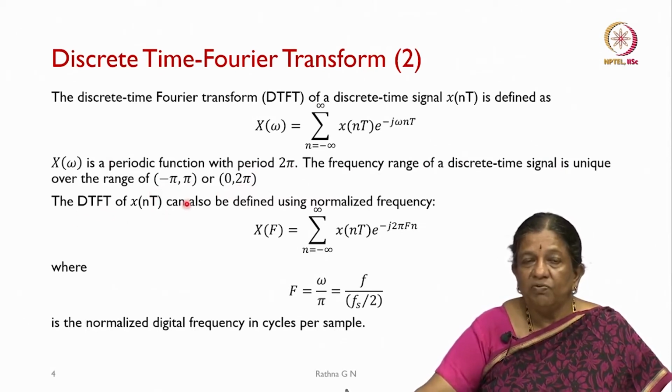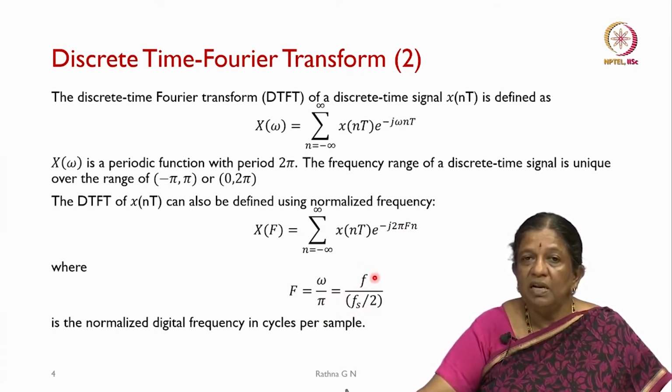The DTFT of our x(nT) can also be defined using the normalized frequency. If we take that, it is going to be X(F), which is equal to the sum from n equals minus infinity to infinity of x(nT) times e to the power minus j 2 pi n F, where our F is given by omega by pi, which is nothing but f by fs by 2.